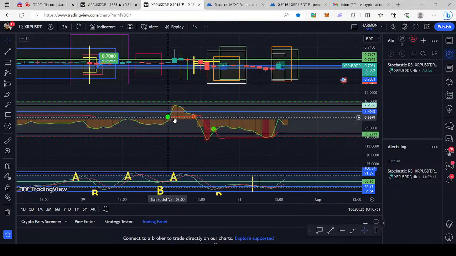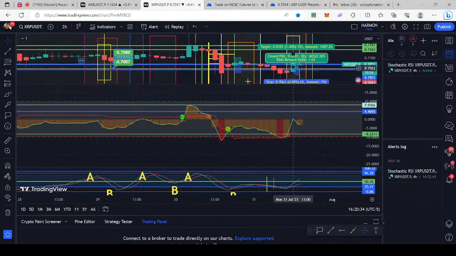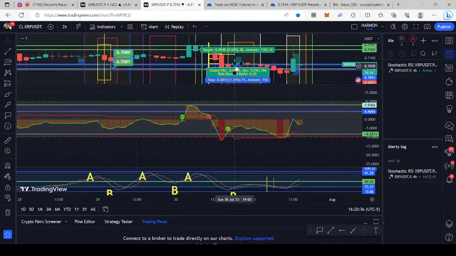Here's your 2 hour moon here. So a 2 hour moon with a 1 hour green trend. It's just not giving enough volume.